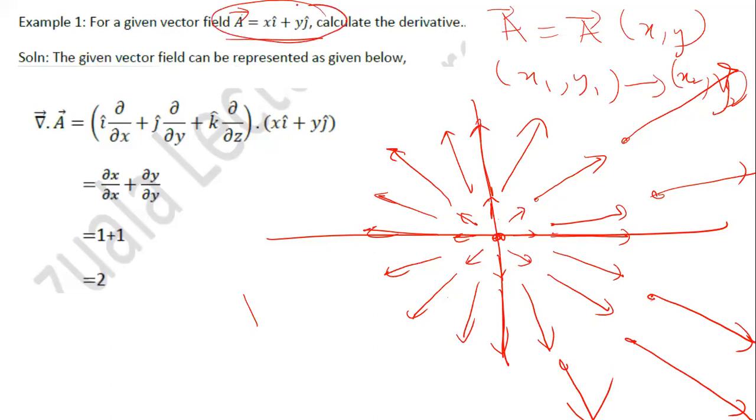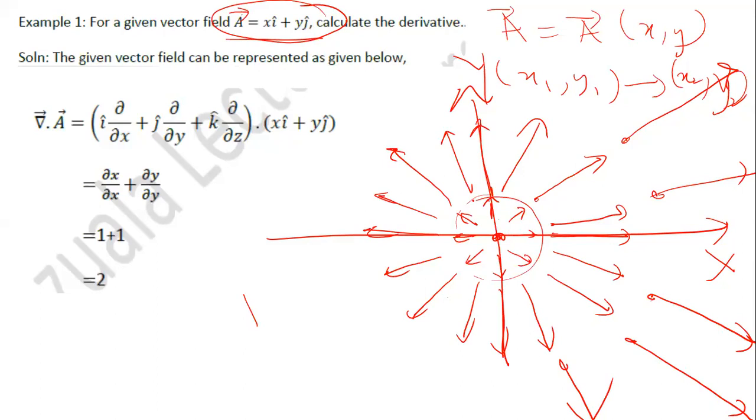If you construct this vector in this x and y space, you will find that it represents a vector field which is diverging away from the origin. Vector field in the sense that towards the origin, when the space coordinates x and y values are small, the vector magnitudes are small.